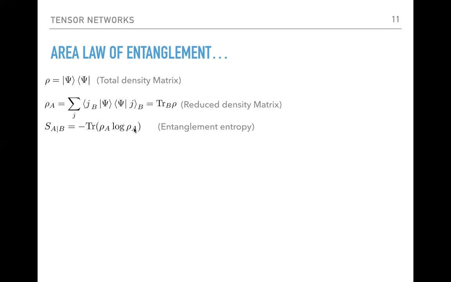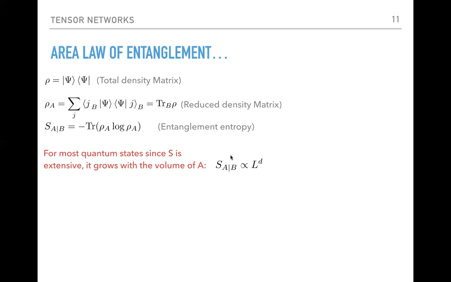It's like the usual von Neumann entropy type of calculation. And a priori, you would think that for most quantum states, the entropy is an extensive quantity. So the entanglement entropy between subsystem A and B should grow like the volume of the subsystems that you have traced over.